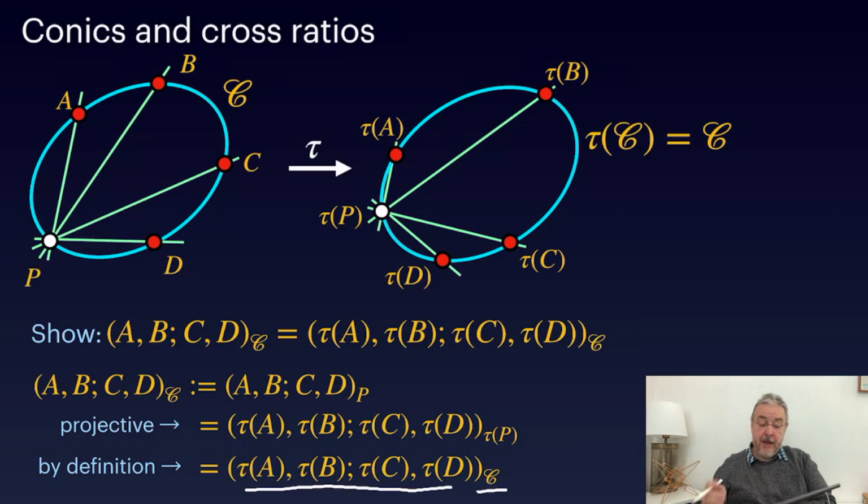And this proves that whenever you have a projective transformation that leaves C invariant, then it induces a projective transformation on the scale that we defined on this conic here.